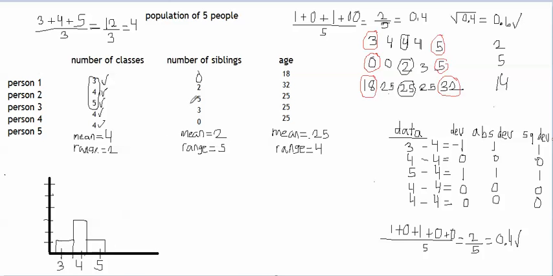We could make a histogram for these other columns also. If there's a number somewhere along the way that doesn't ever appear, you still put it down here on the number line. You don't want to skip over numbers. For example, you don't want to go from 0 up to 2.